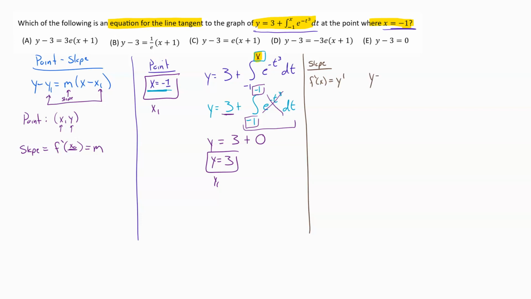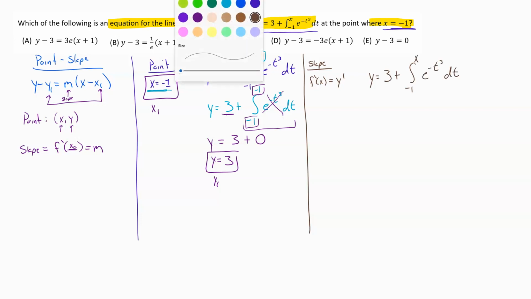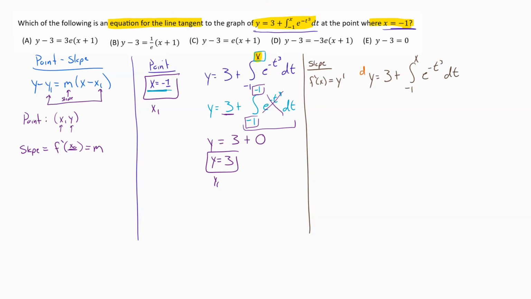So we get y equals 3 plus the integral from -1 to x of e to the negative t to the third dt. To find the derivative, we would take d/dx of both sides of this equation. On the left-hand side, the derivative of y is going to be dy/dx, or y prime, like we've seen up here.